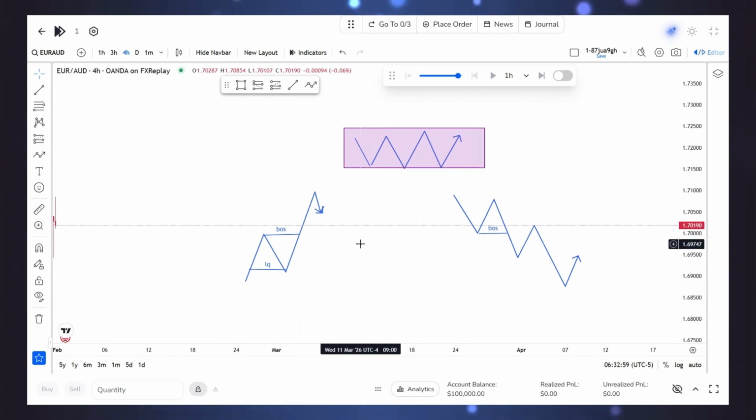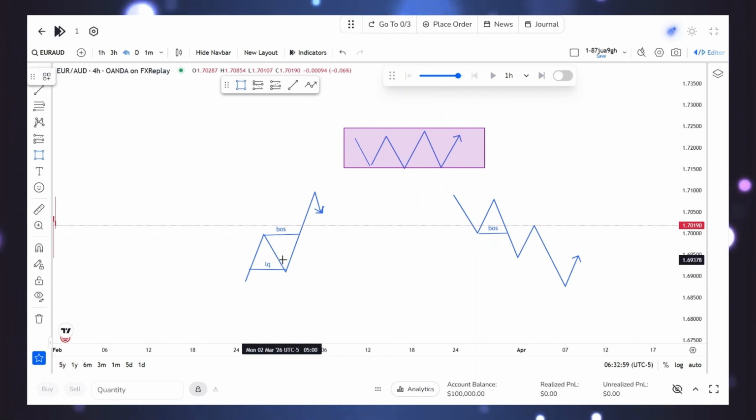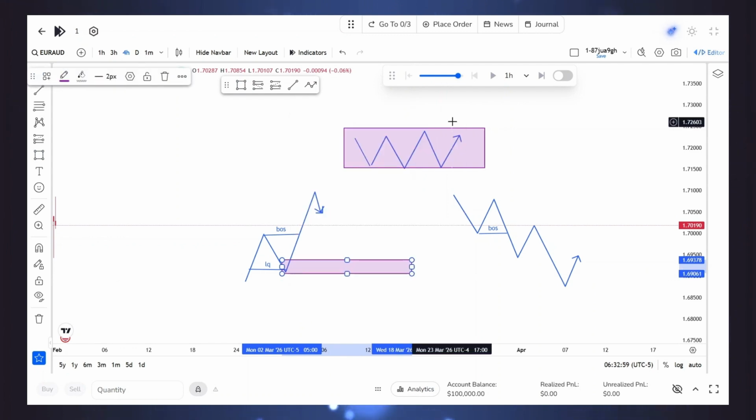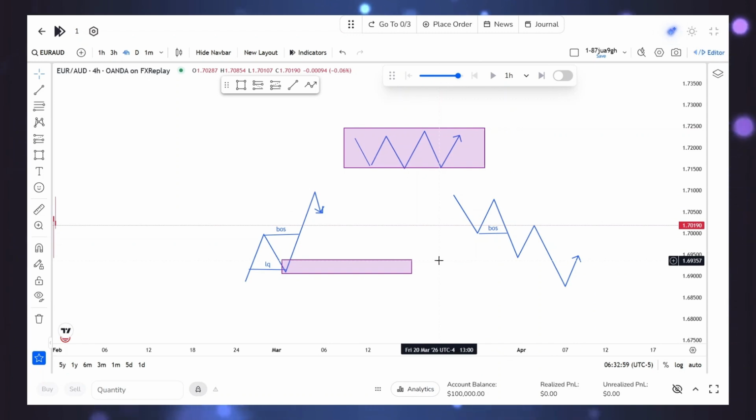So after liquidity and break of structure, the third step is the order block. This is where bigger banks put their orders, because they buy orders at once. These are the big boys that control and move the market, so we should trade according to them.